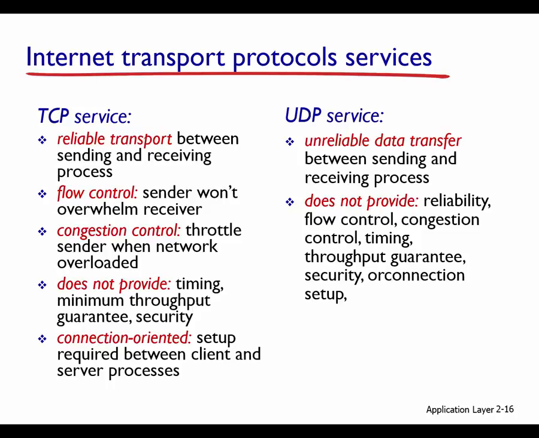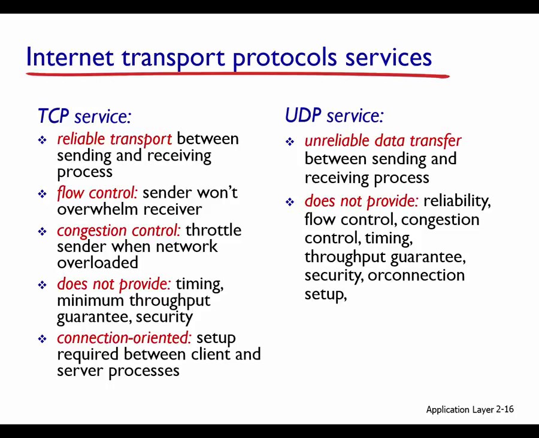You can't lose any data. TCP will provide some flow control where the sender won't overwhelm the receiver. Sometimes we actually need that with the UDP service, and usually the application has to provide that flow control. So flow control is either at the TCP level or at the application level.